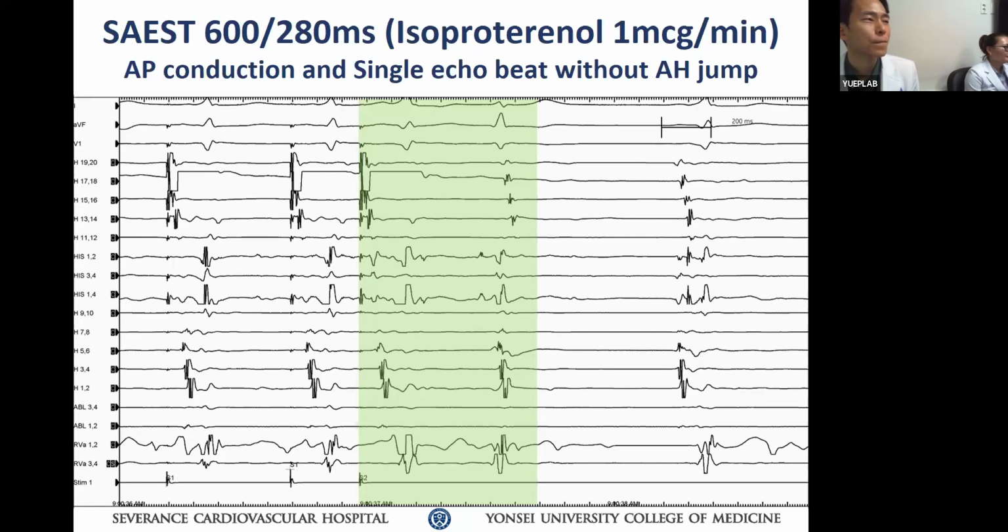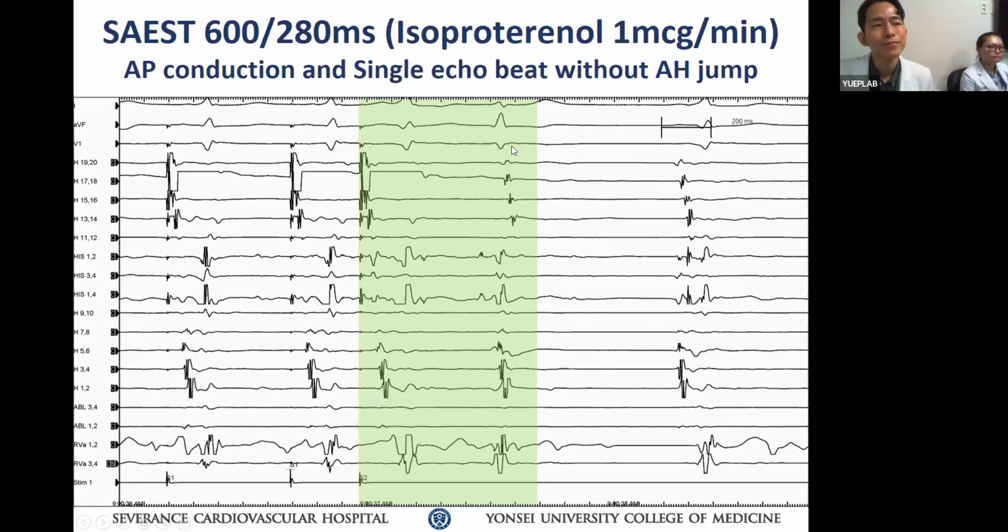Still, I believe it is junctional rhythm because the His bundle polarity is different, right? And I also assume there is another possibility, because if it is real junctional rhythm, there's no delta. In other words, that accessory pathway bypasses the His bundle area.